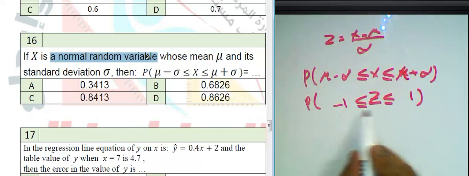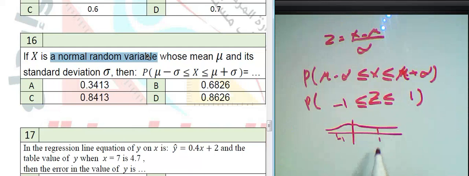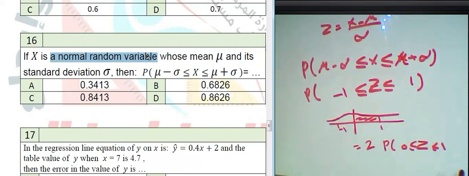So the probability from -1 to 1 is twice the probability of z from 0 to 1. Understood? You must look at the table and find the probability of the area from 0 to 1 and multiply by 2, because the area from -1 to 0 is equivalent to 0 to 1.